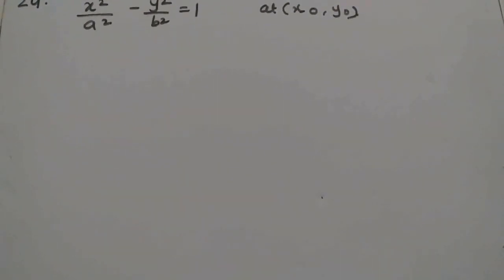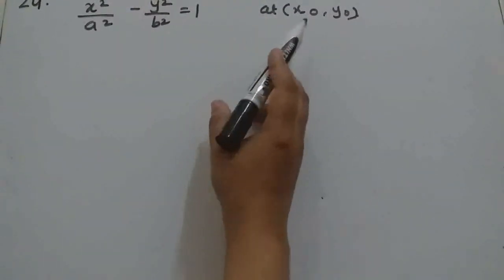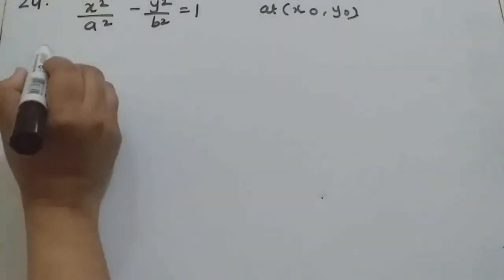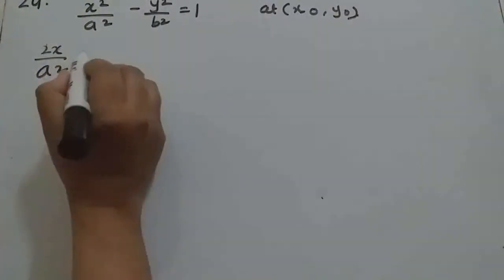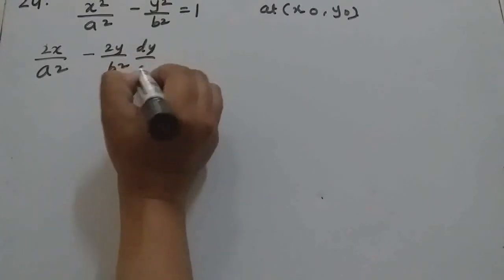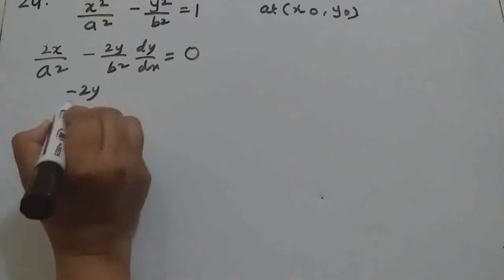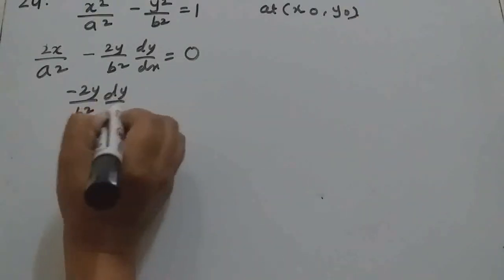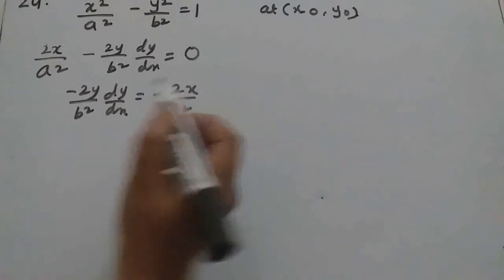Find the equation of tangent and normal to this hyperbola at the point x0, y0. So first we'll differentiate. So 2x by a square minus 2y by b square dy by dx equal to 0. So minus 2y by b square dy by dx equals minus 2x by a square.